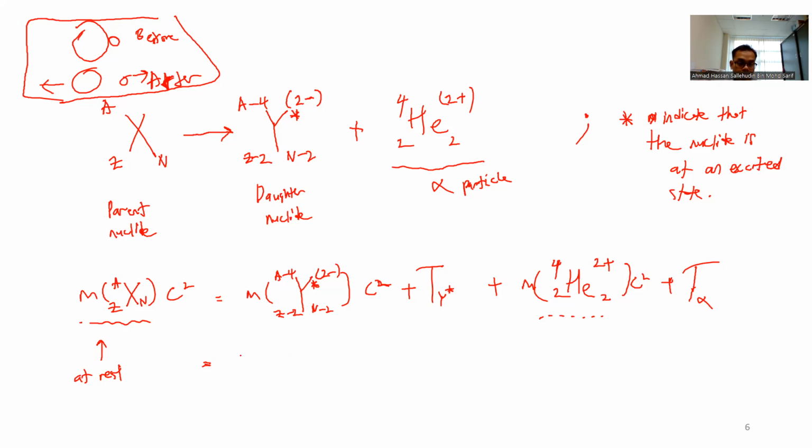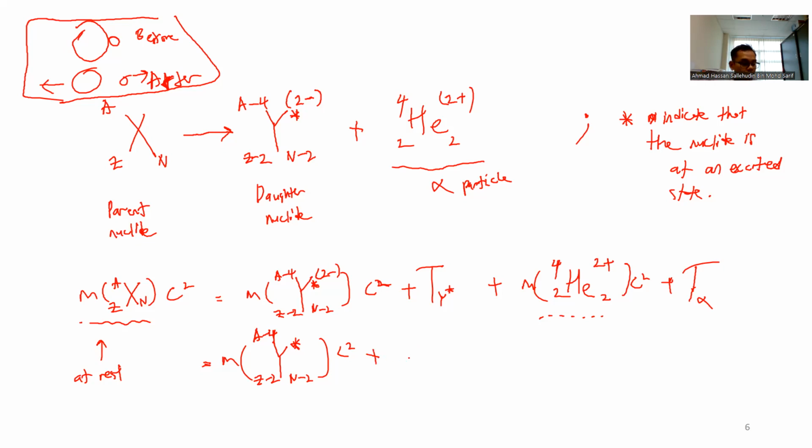I can do that by writing A-4, Z-2, N-2. So that's the mass of the daughter nuclide without the two electrons. The two electrons I put outside.